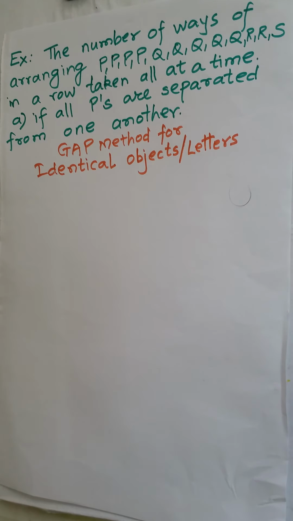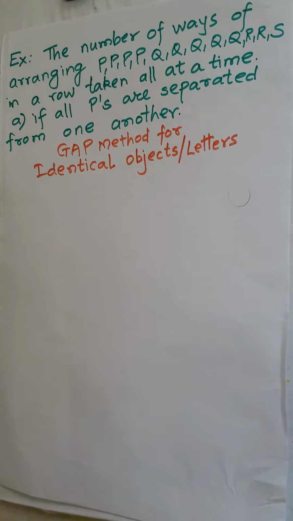So far we have seen the gap method in distinct letters. Can we use the gap method for identical objects, letters? So the answer is yes, we can use it.